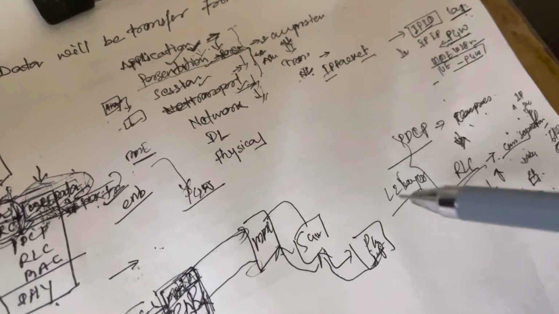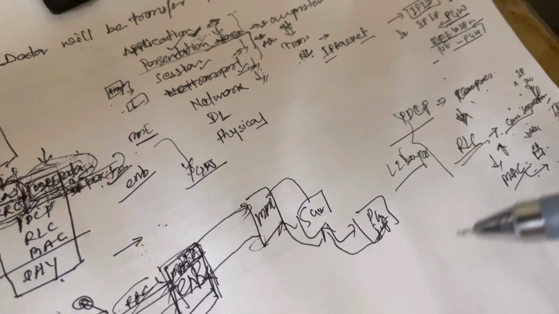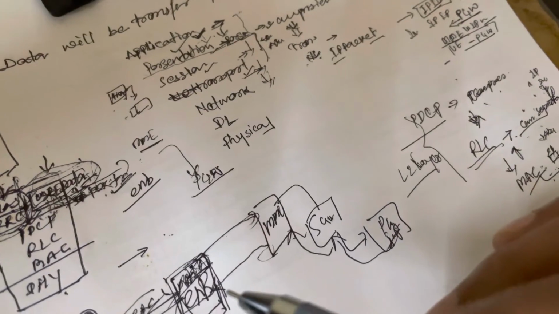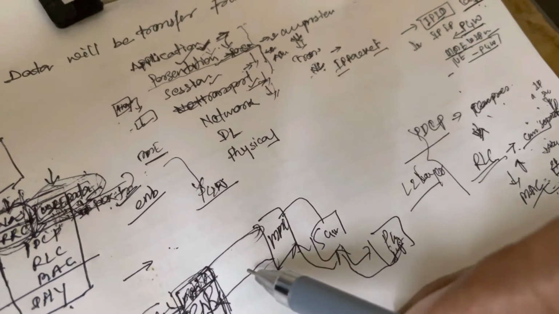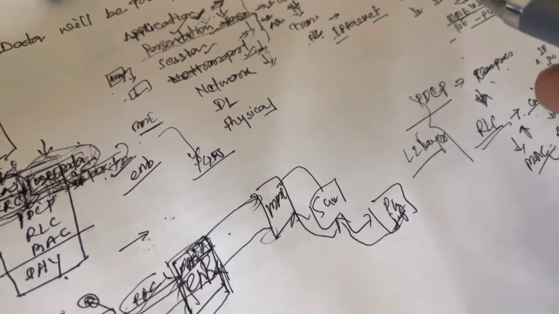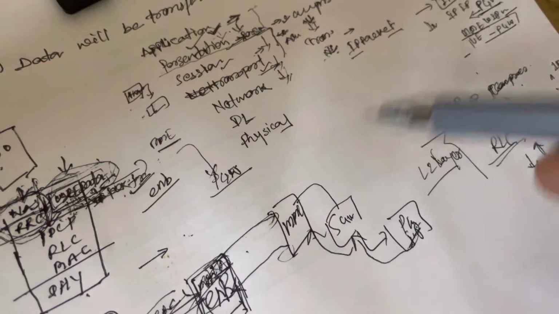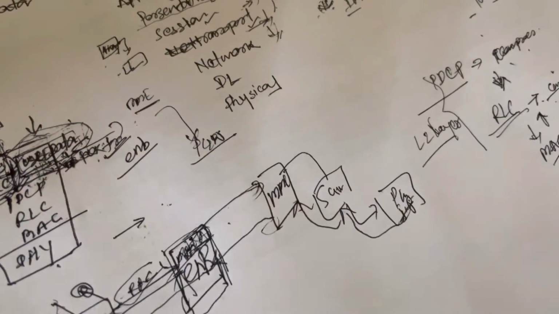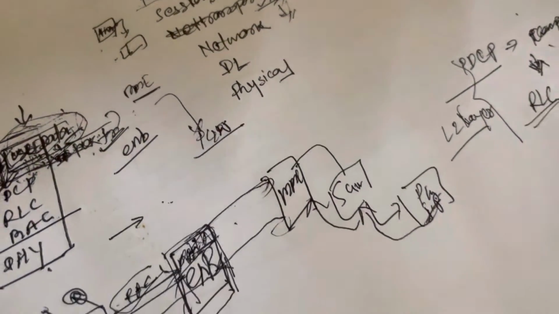And once the MME confirms that this UE is genuine and has fulfilled whatever the MME required, then the P gateway will allocate the IP packet.